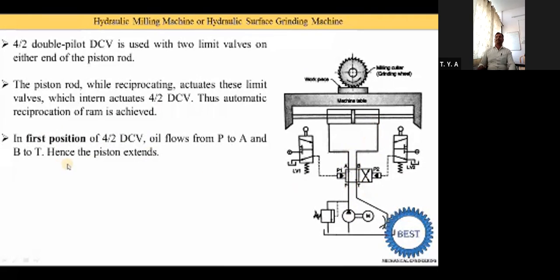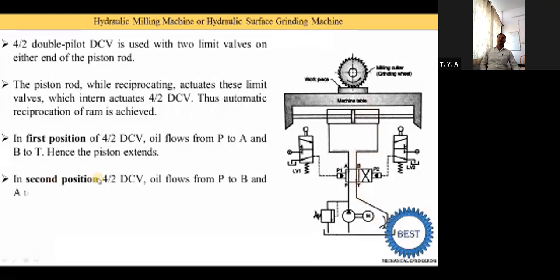And here it is written, the piston extends. Piston extends means the pressurized oil enters the cap end port, and this oil applies force on the piston and the piston starts to move from left to right. It is called the extension stroke. At the same time some oil present on the right side of the piston is supplied to the B port, and from the B port to the T port, and from the T port it goes to the reservoir.